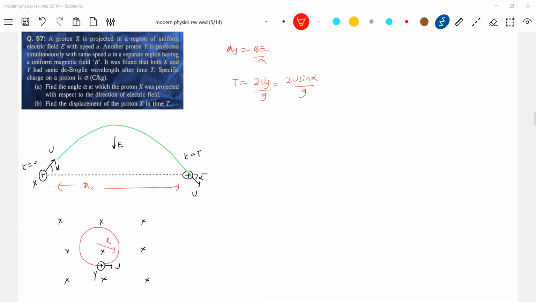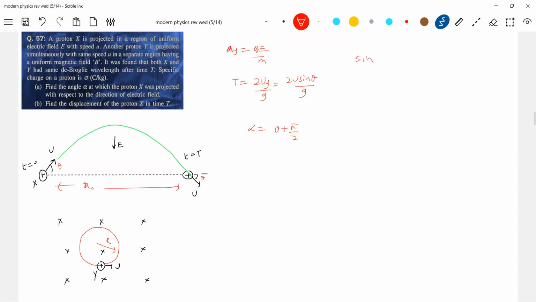Oh, this is not the direction of the electric field. This is some theta, it has to be. Alpha is theta plus 90. This theta has to be determined. From where has this theta to be brought? T is also given for us.